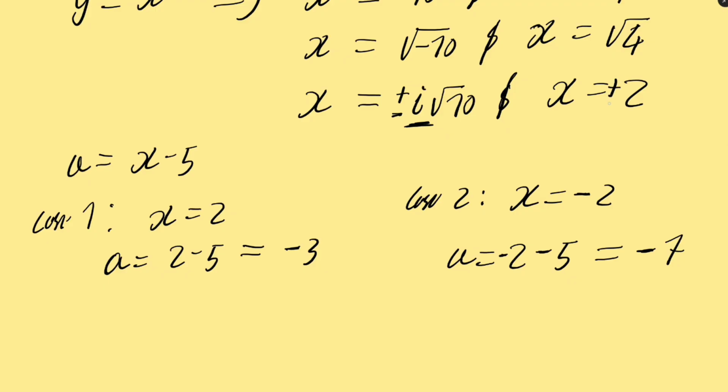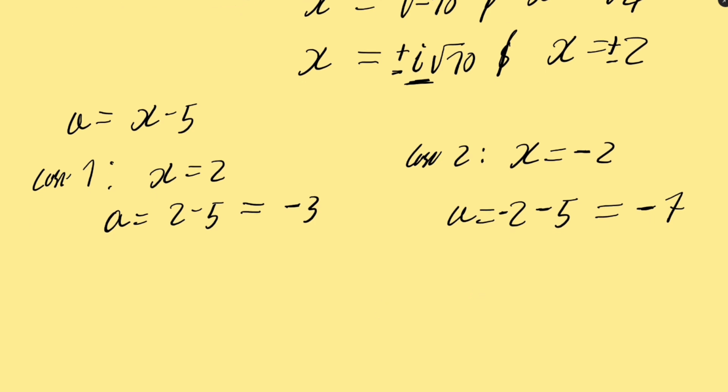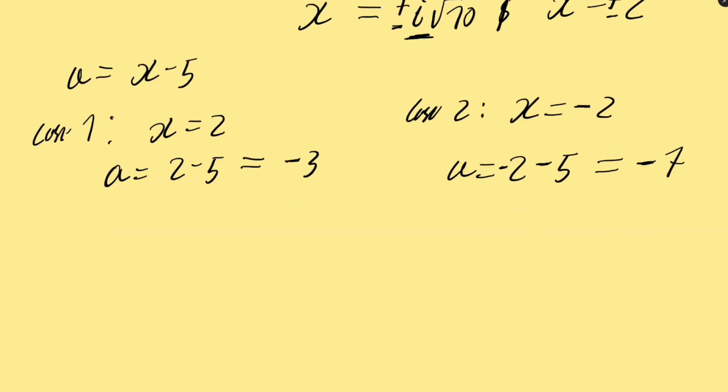Sorry, I forgot here that it's plus or minus, because when you're taking the square root of a number, it is plus or minus. So we have two cases. So our a is equal to -3 and -7. So the real solution for this is -3 and -7.